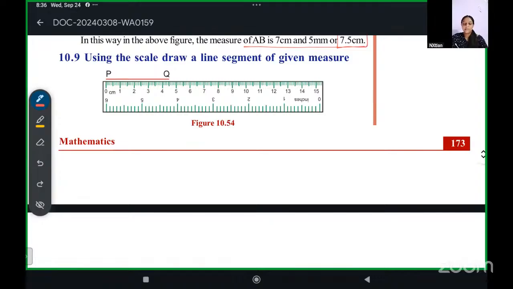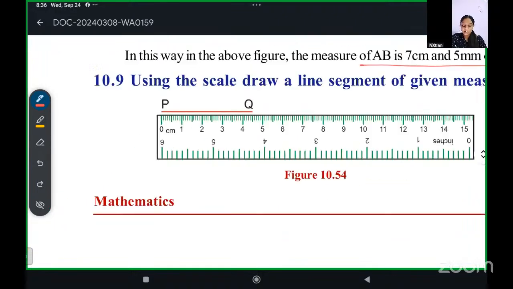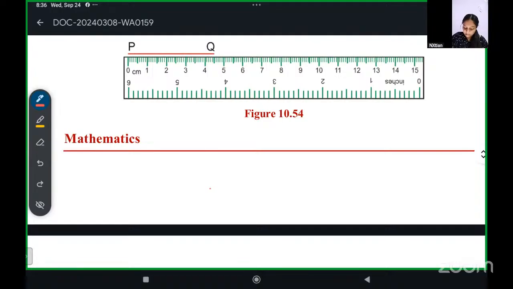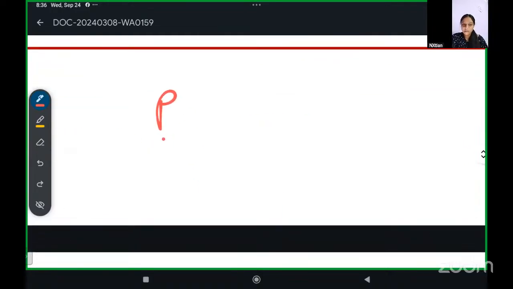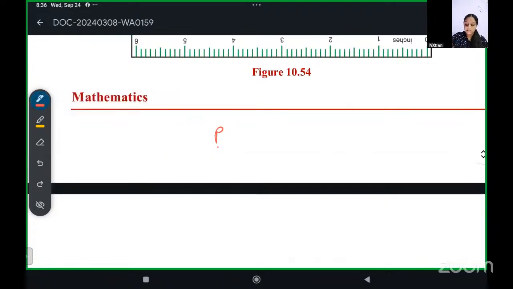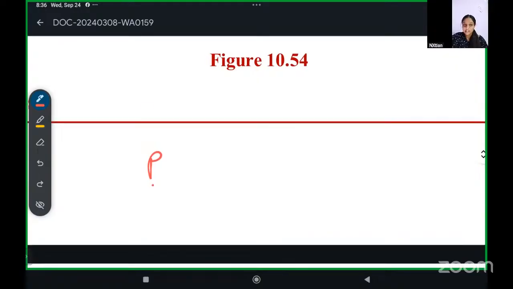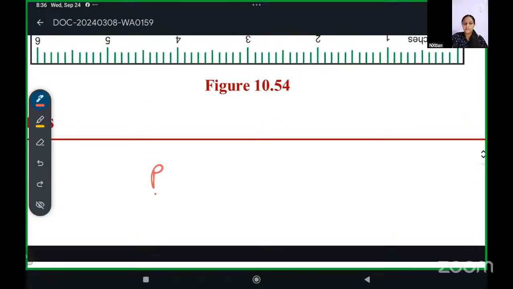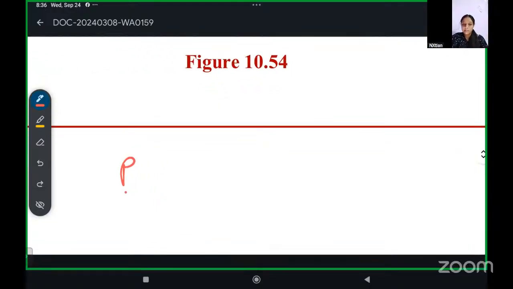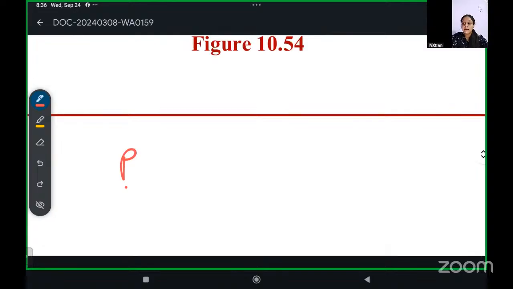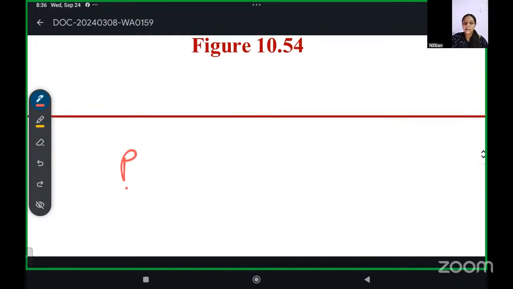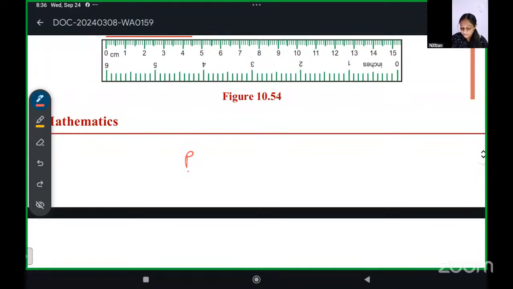For that you mark a point P. Now on this point you put your scale starting from 0, like the 0 starting point of the scale you put at P. Then if you have to make the line up to 4 centimeter, then at 4 centimeter you put another point and mark Q, and then you connect P and Q to make a line segment 4 centimeter.